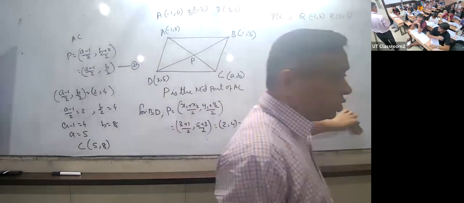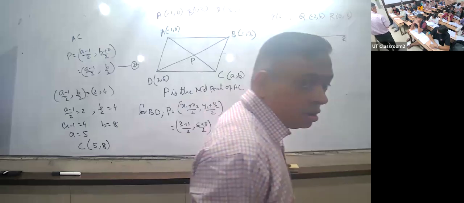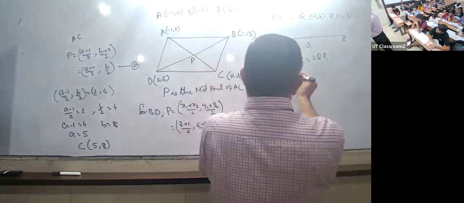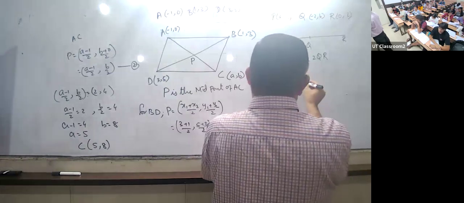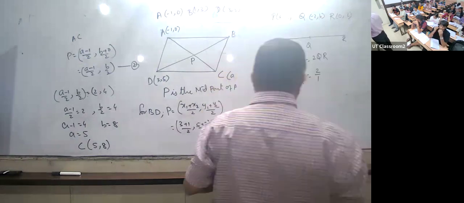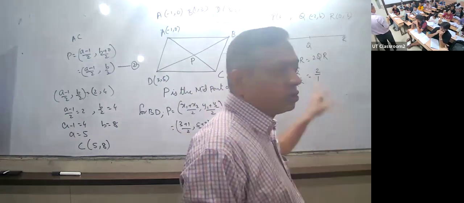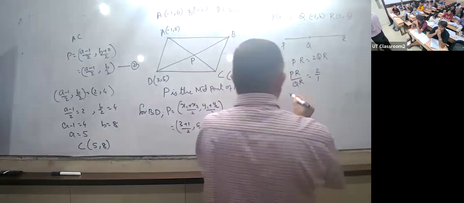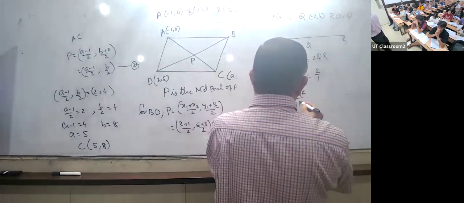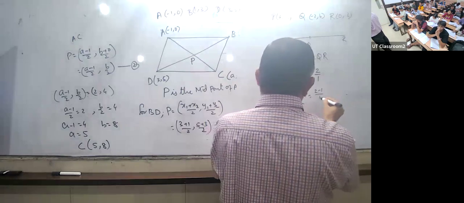We need the ratio in which Q divides. This is not the ratio we need. What ratio we need? PQ upon QR. How will you get PQ? Subtract: PR minus QR upon QR, that is equal to 2 minus 1 upon 1.